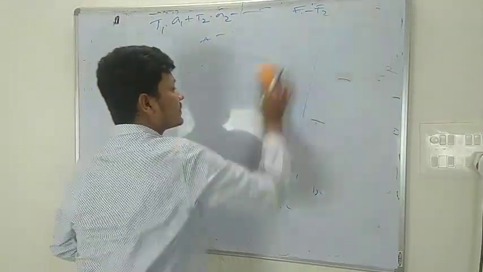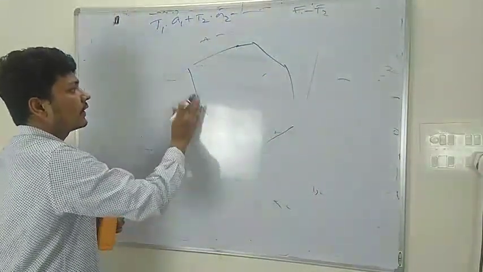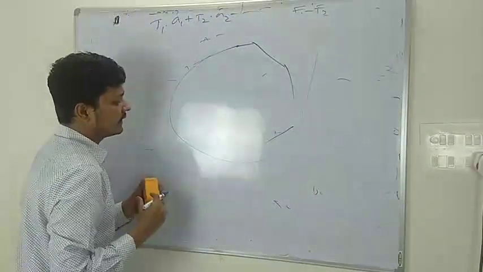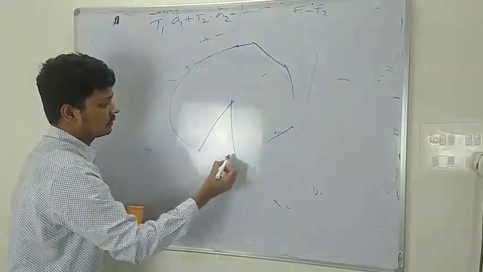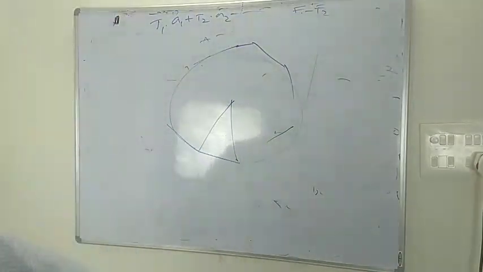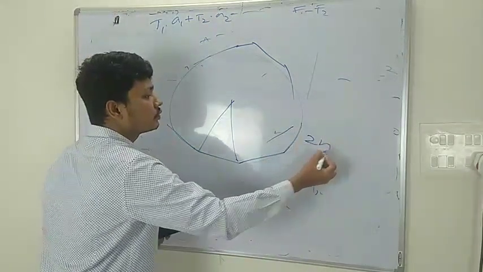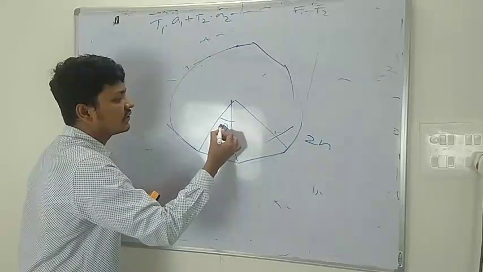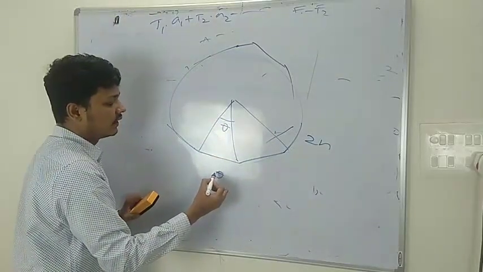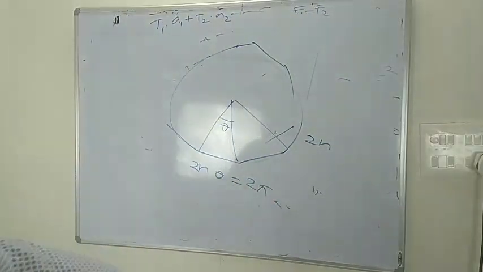Your next question is: you have a polygon like this. Now in this polygon, the velocity they gave us is v, uniform speed v, and 2n sides, so 2n times theta must be 2 pi, it's clear.